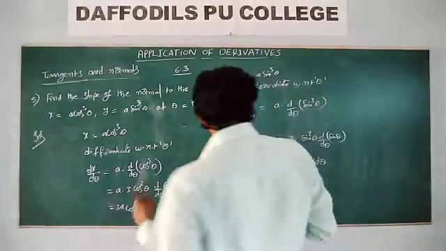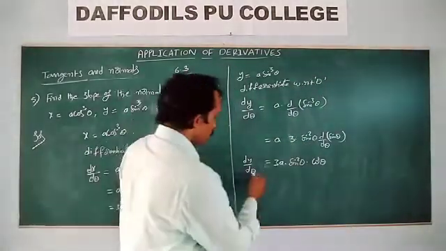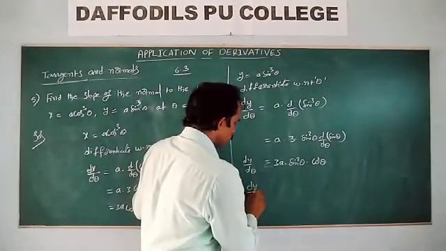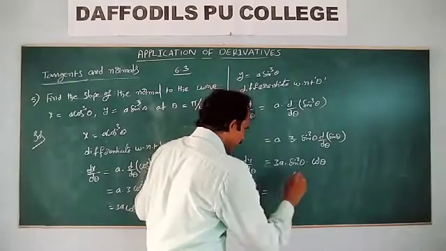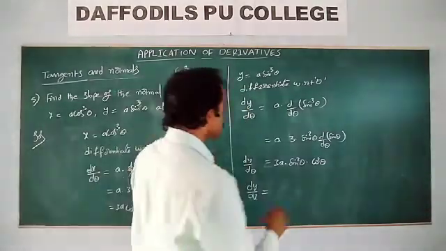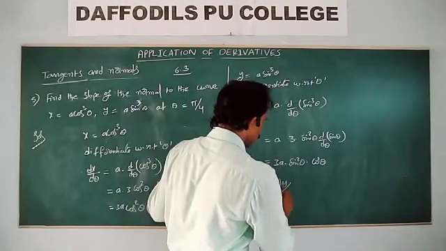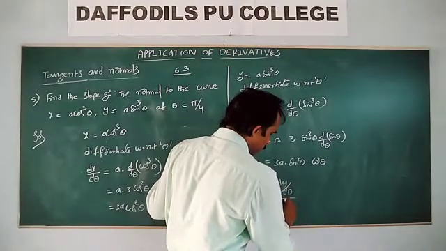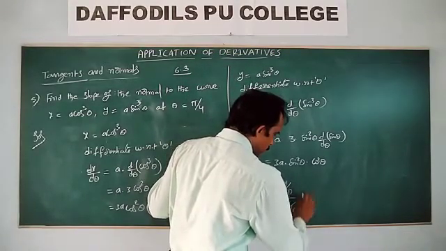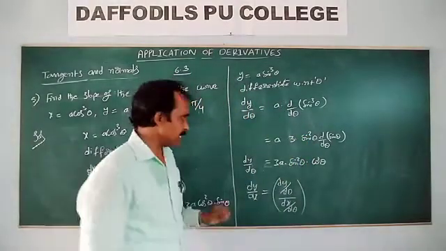Okay. So now dy by dx. Now dy by dx is equal to dy by d theta divided by dx by d theta.